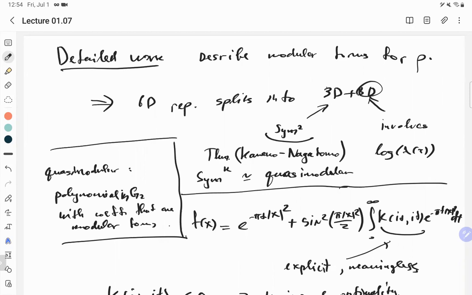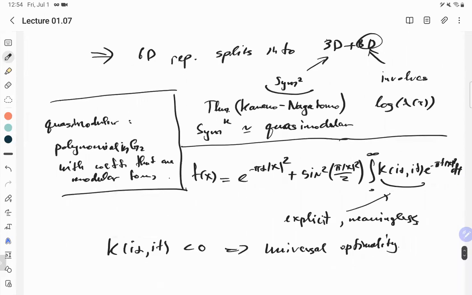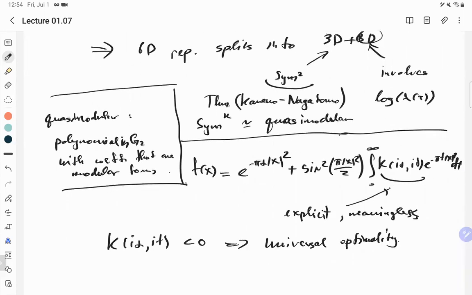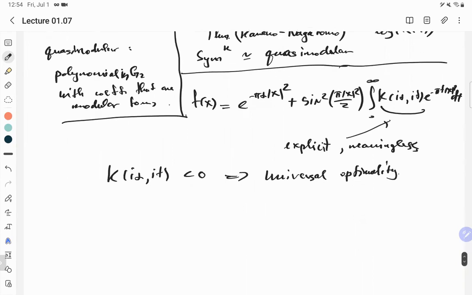When I give talks, I sometimes show this function just to scare people. But it's perfectly explicit, and then it's a very long technical part of our paper. Some of it is very computational, to actually prove this inequality.